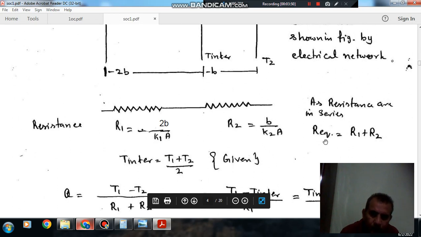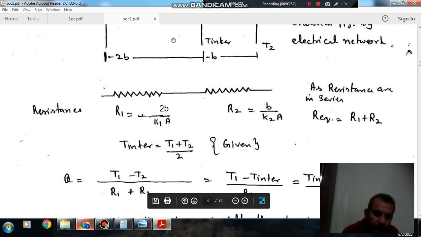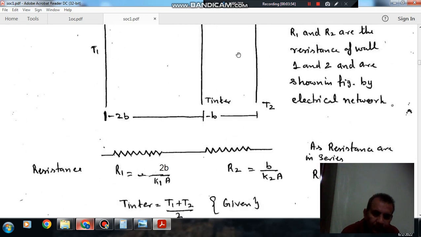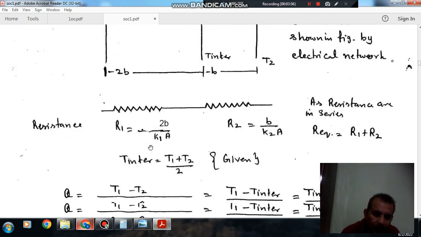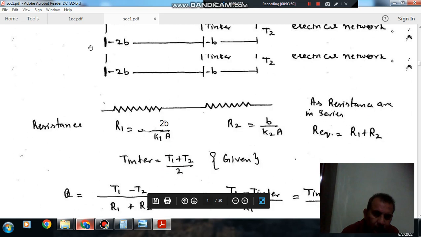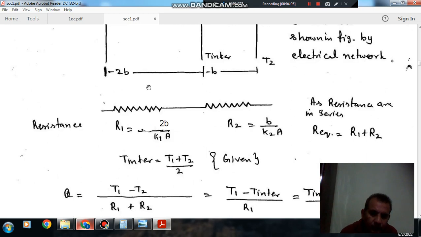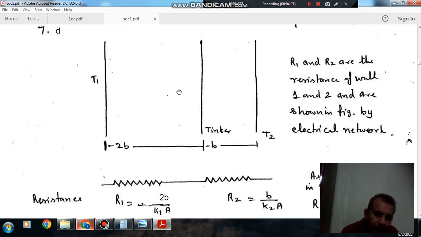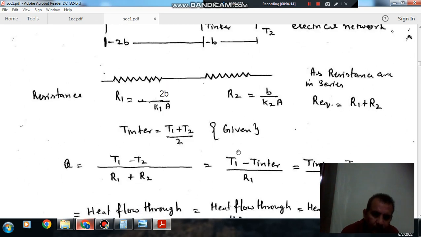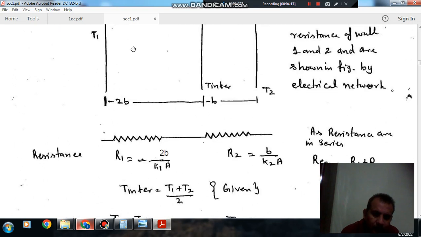Now heat transfer is given by T1 minus T2 divided by R1 plus R2. That is the total heat transfer coming through this face and going to this face. It can also be given by T1 minus T inter divided by R1, because whatever heat is entering here is going through to the other end.